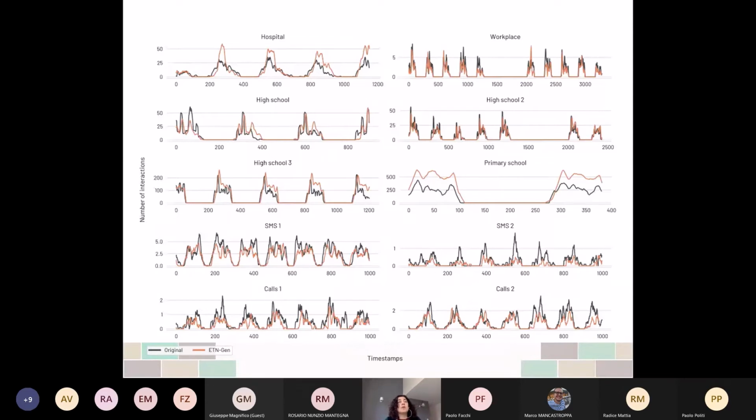We are also able to reproduce the temporal periodicity that we find in social data sets, which are due to the day, night, and weekdays and weekends periodicity. And to do so, we use multiple dictionaries.